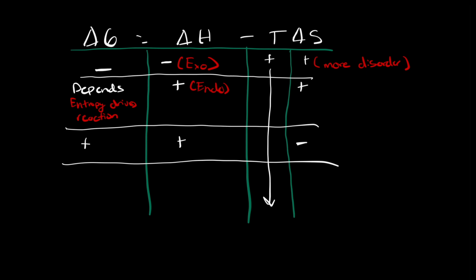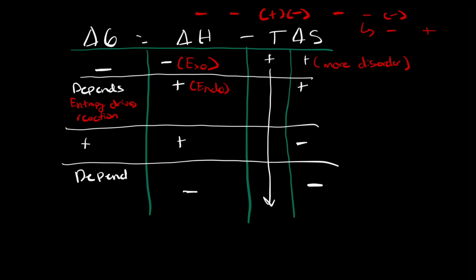Finally here, let's say delta H is negative and so is delta S. So again, let's do the math here. We say this is a negative minus a positive times a negative. Well, guess what? That's going to result in a negative minus a negative, which is going to result in a negative and a positive number. That means that, again, this is going to depend on the value of temperature.